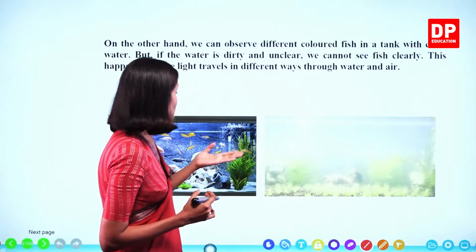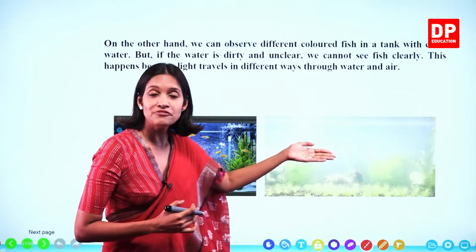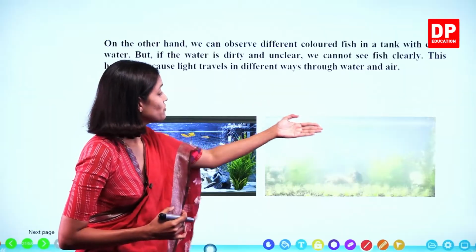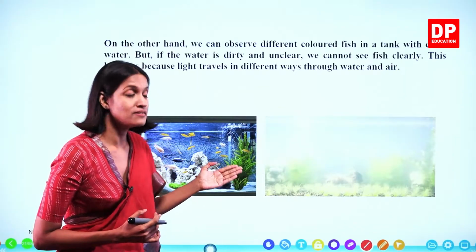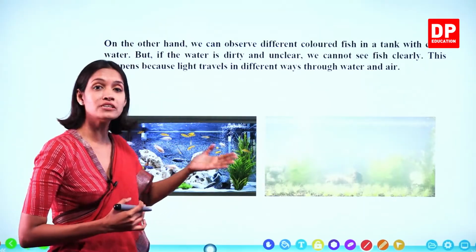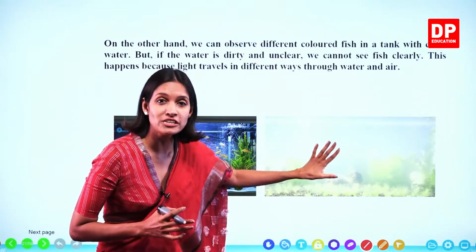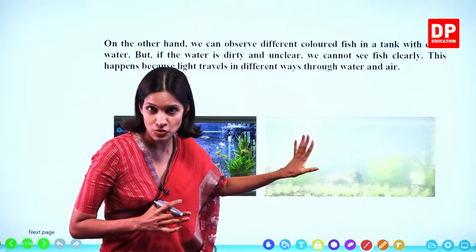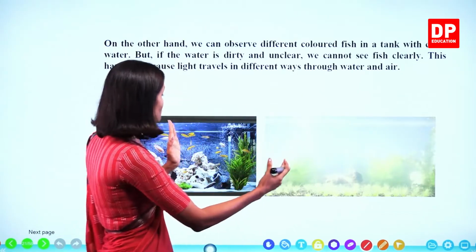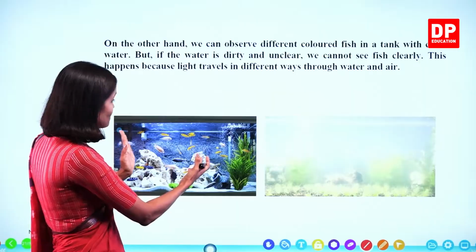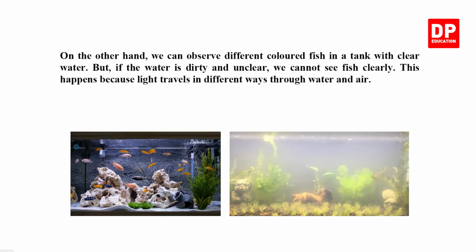So the reason is light travels in different ways through these two different types of water. In clean water, light travels very easily, but dirty water does not let light pass through it very easily. That is why this picture is clear and this picture is not very clear.